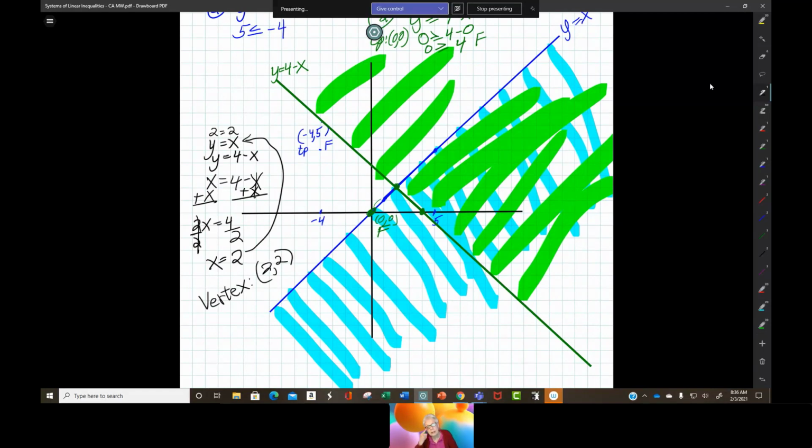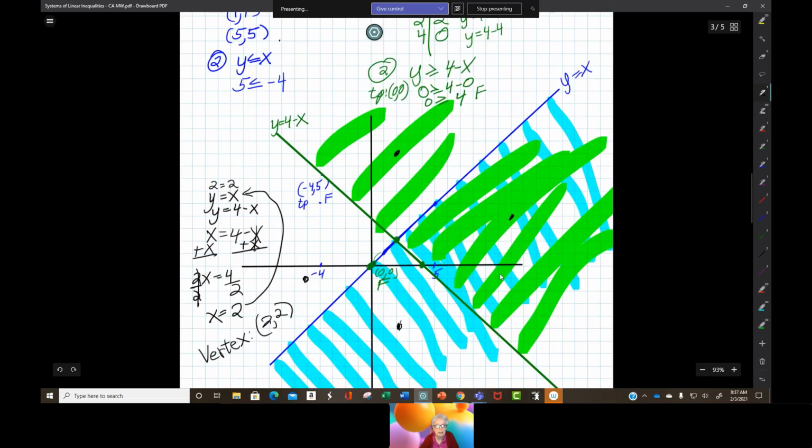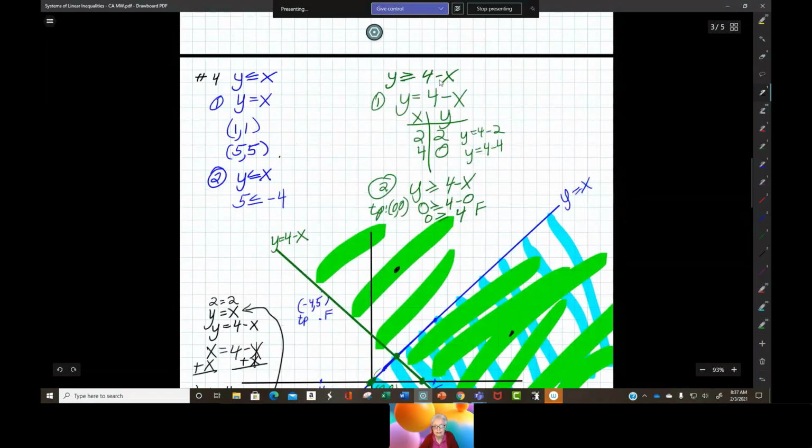The alternative way to find the shading is to pick a test point in each of these pie slices, and then test that point in both of your inequalities.